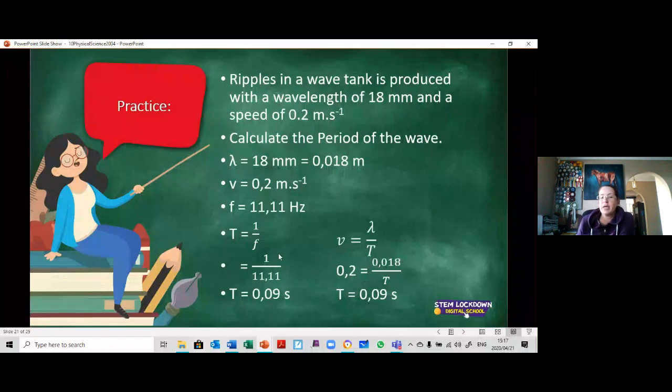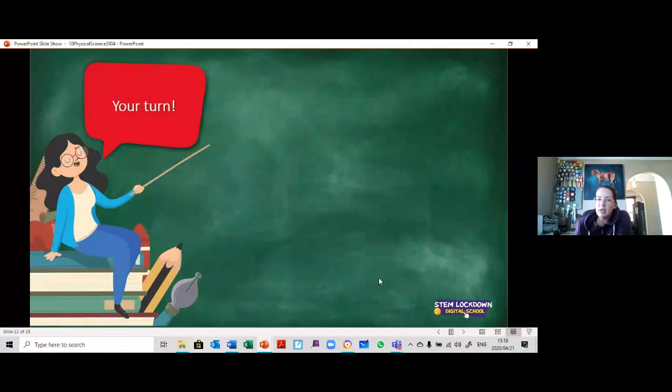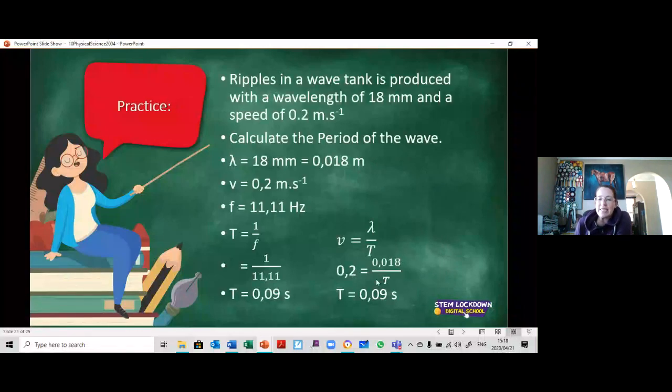Okay, so Godly, this one here, I just went 1 divided by 11,11, and that gives you 0,09. With this one, I'm going to talk you through the maths. So I want to get T on its own. I don't like the fact that it is a fraction here, so I take T and I multiply it to this side.